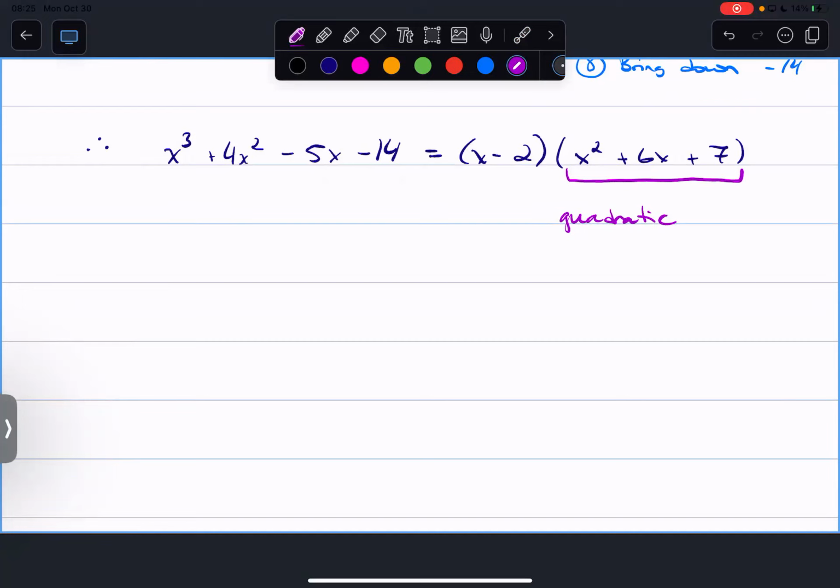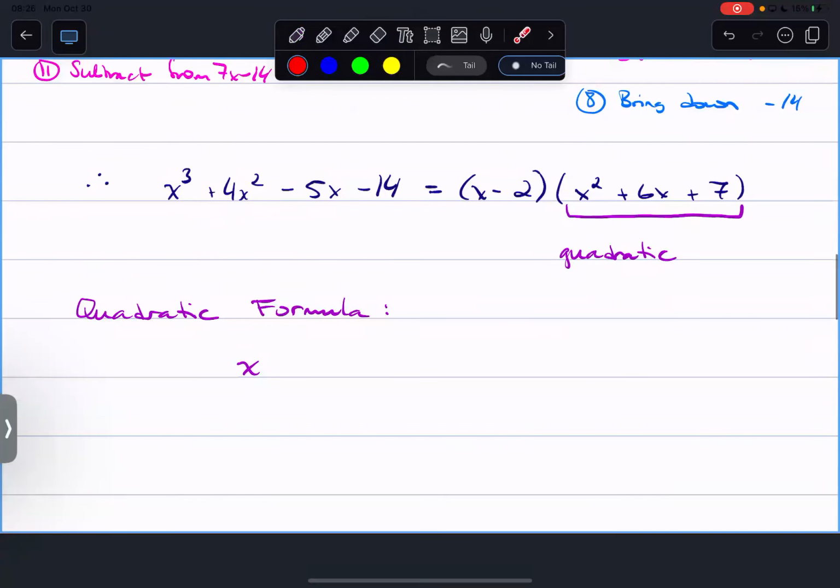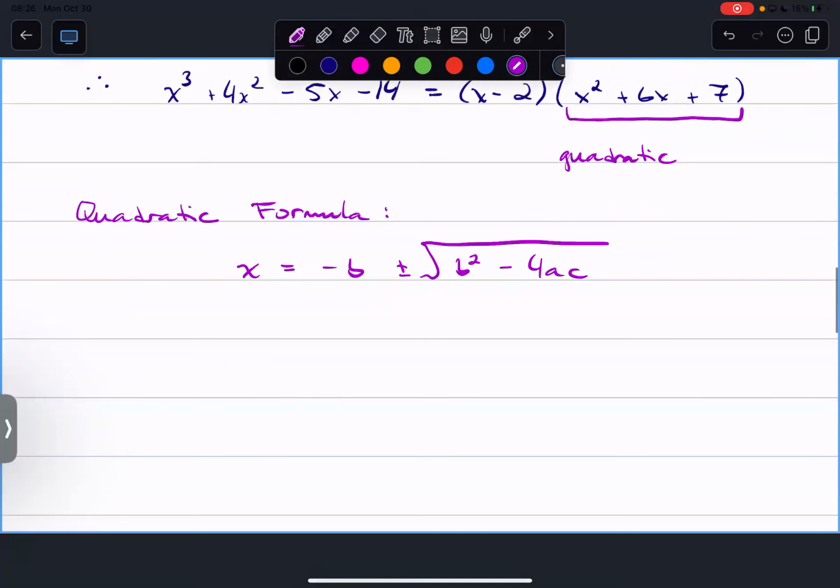How do I use the quadratic formula to do that? Quadratic formula says that if I set this equal to 0, which is what I want to do, if I'm trying to find the horizontal intercepts, well, then I get x is equal to negative b plus minus the square root of b squared minus 4ac all divided by 2a.